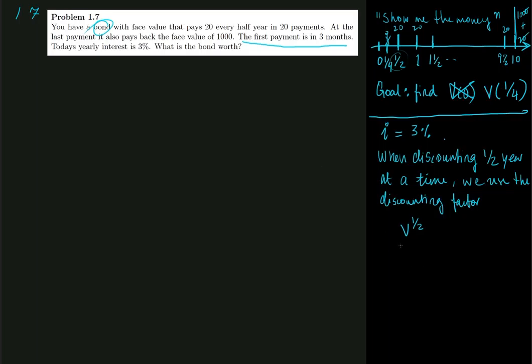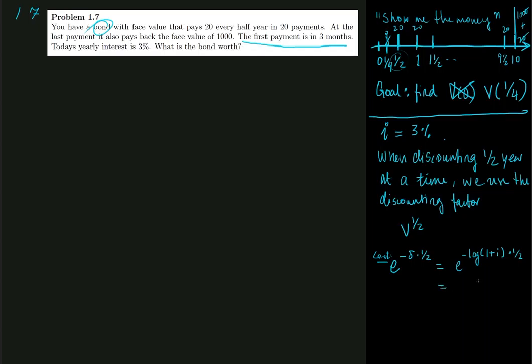But we can also use the argument from the continuous case, where we know that if we want to discount for a 1/2 year, then we just use the discounting factor e to the minus delta multiplied by 1/2, right? Now this is the continuous case. But then what is this actually? Well, this is e to the minus, and delta is the same as log of 1 plus the yearly interest, multiplied by 1/2.